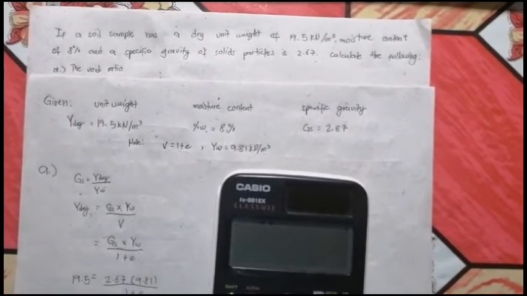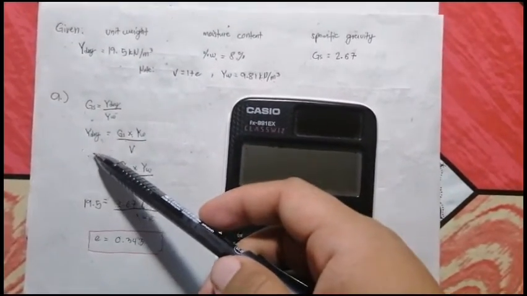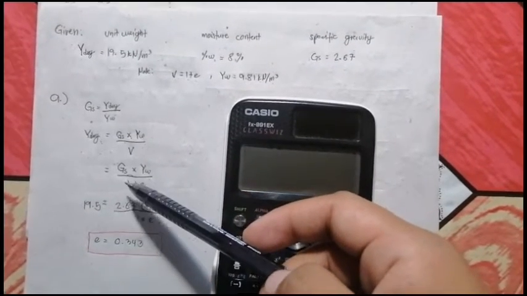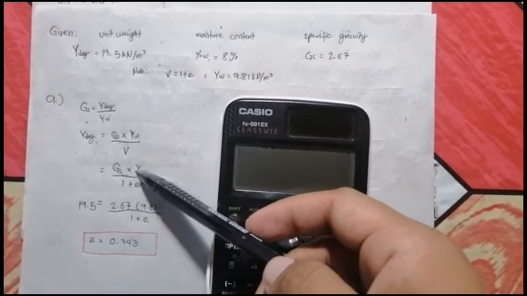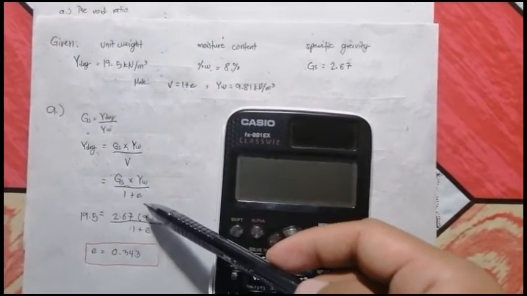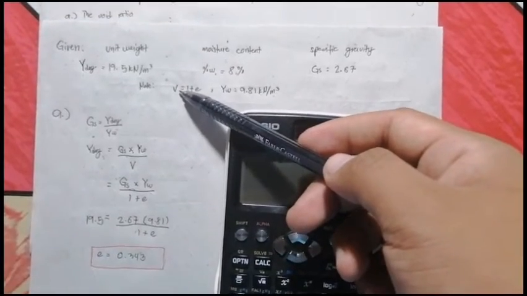So, na-solve natin yung letter A, which is the void ratio. Ito yung formula: the dry unit weight is equals to the specific gravity multiplied by the unit weight of the water over 1 plus e. So, 1 plus e is equals to the total volume.